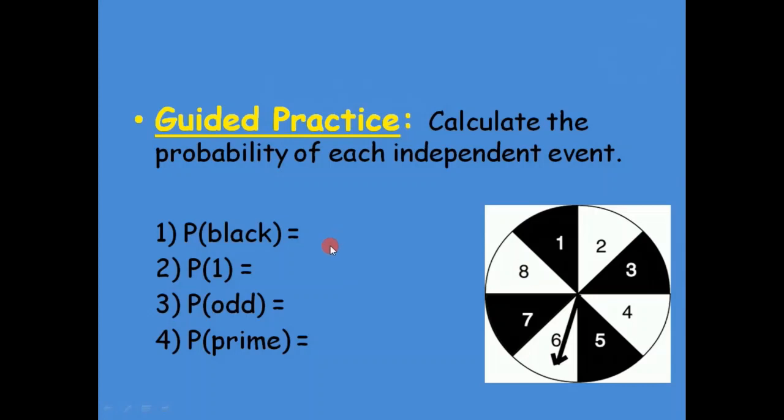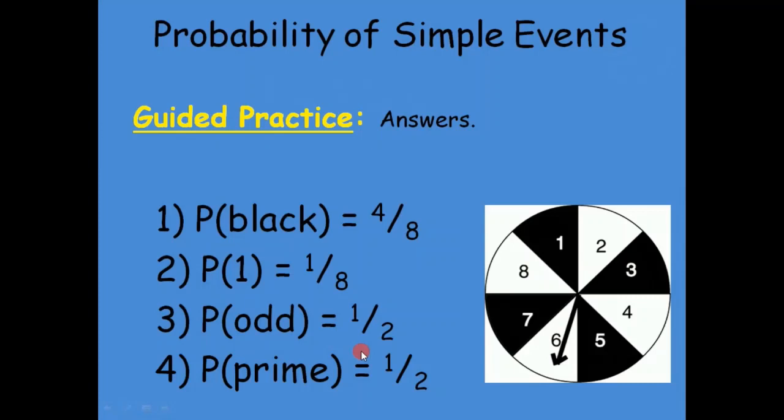You have to simplify this by yourself. This is for your evaluation. Now this is the answer. 4 over 8. Probability of 1 is 1 over 8. Probability of an odd number is 1 over 2. How many odd numbers are here? That is 1, 3, 5 and 7. After evaluation, you can check your answer from this.